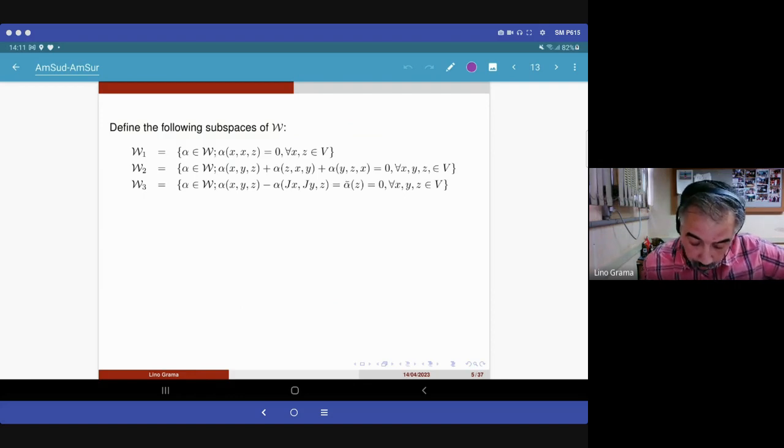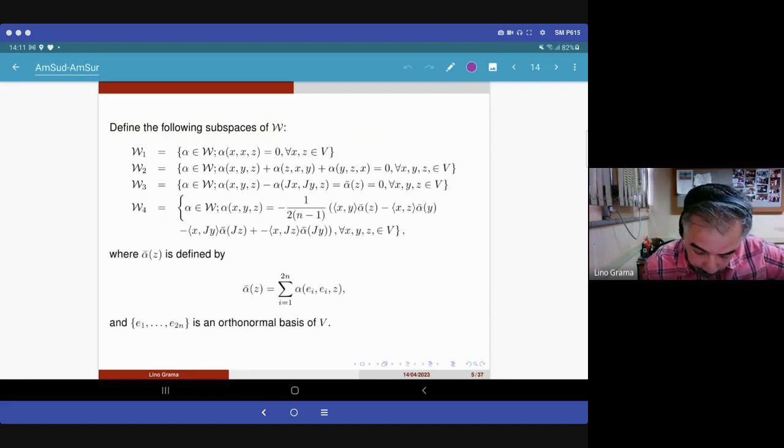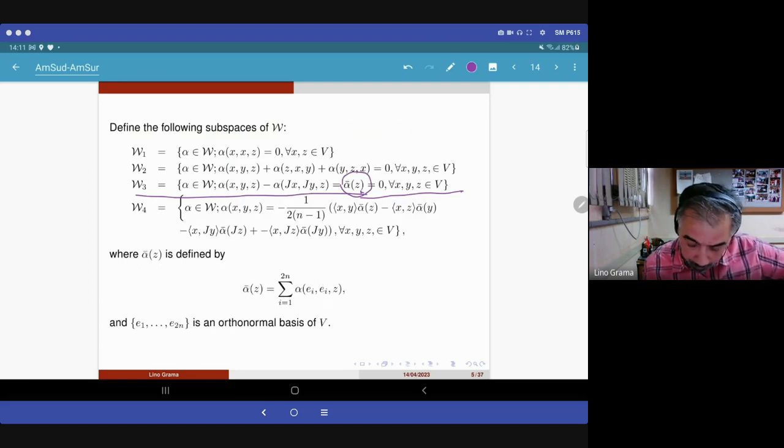W3 with this relation. Alpha bar is like a trace here, this trace. And W4 is a little bit bigger expression, but okay.